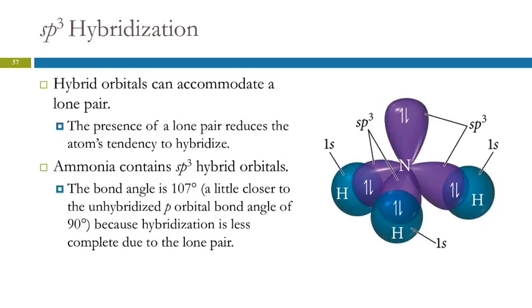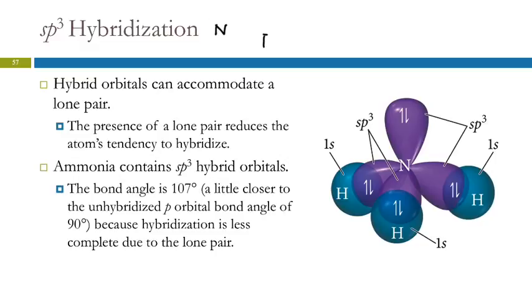You can also have a lone pair in one of those hybridized orbitals. When you have this lone pair, that's going to reduce the tendency to hybridize, but it can still do this. So for ammonia, let's look at nitrogen here.